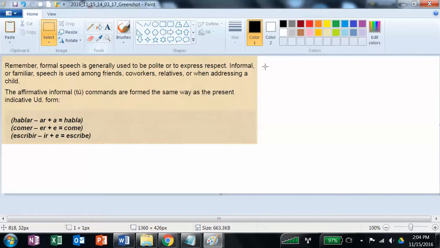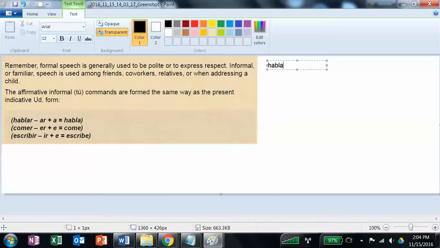So if I have the verb hablar, all I've got to do is take hablar, and then what I need to do is conjugate it for usted, which would be habla, and that is the tú command form of the verb.